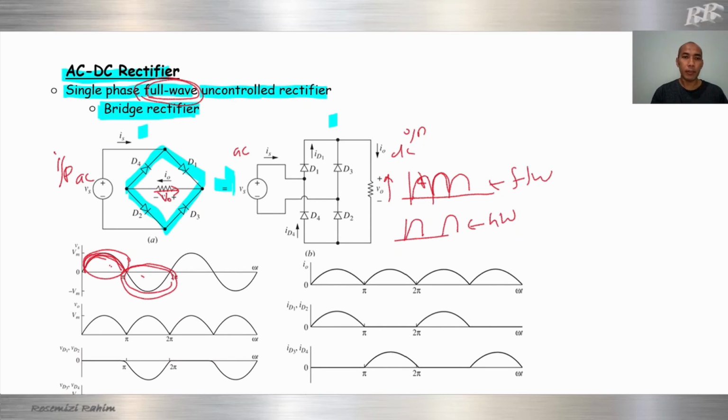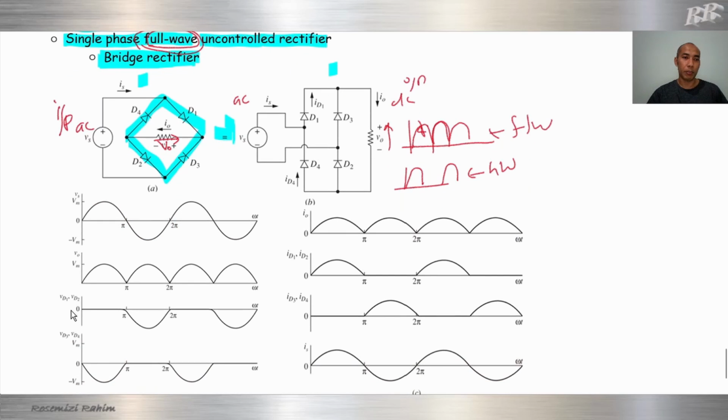So we will analyze the full wave waveform in two sections. This is our input voltage source. The first section is during the positive cycle, from 0 to pi, and the second section is during the negative cycle, from pi to 2 pi.